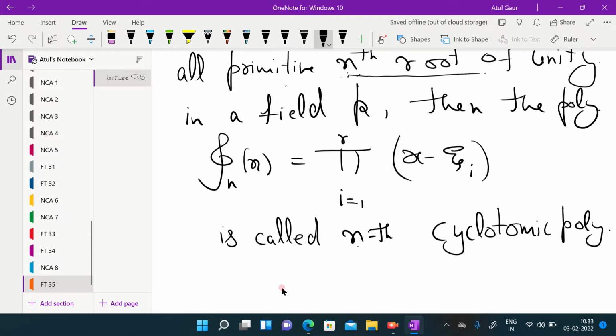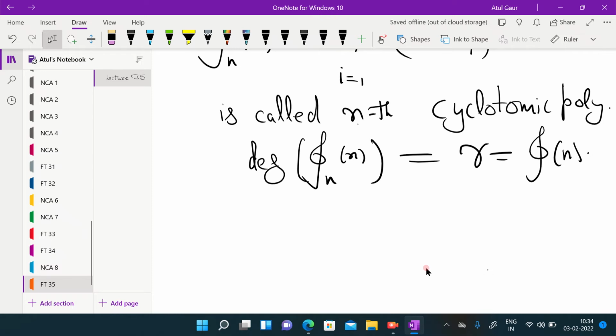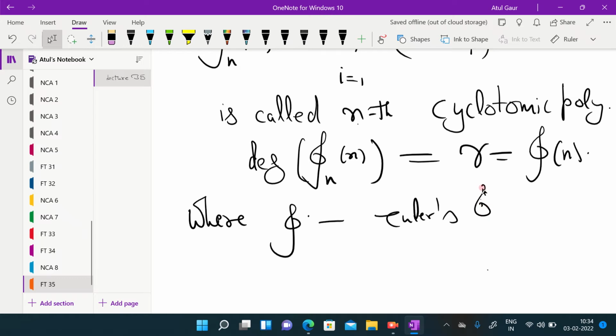Got the definition? So naturally, as we have discussed, how many primitive nth roots of unity will there be? So someone said phi n. So the degree of this polynomial will be, here you can see, basically it will be phi of n. Phi of n is the Euler's phi function. What is it?